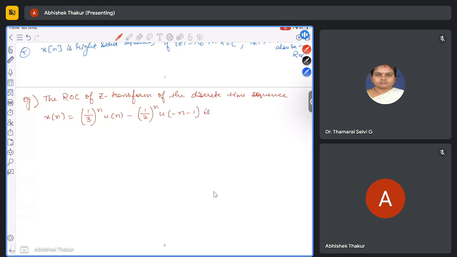So we have to find the ROC of this sequence. So here x[n] is given as (1/3)^n u[n] minus (1/2)^n u[-n-1].